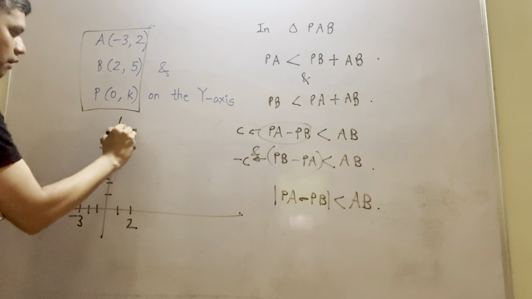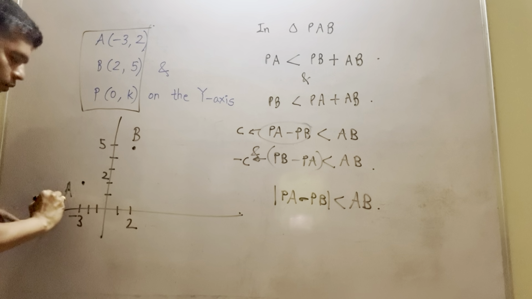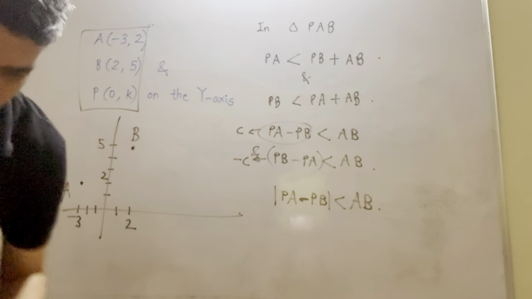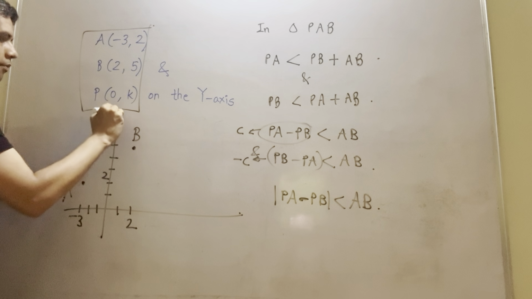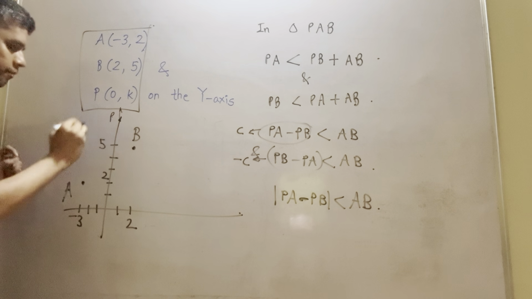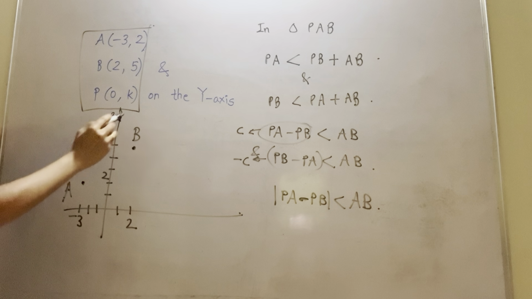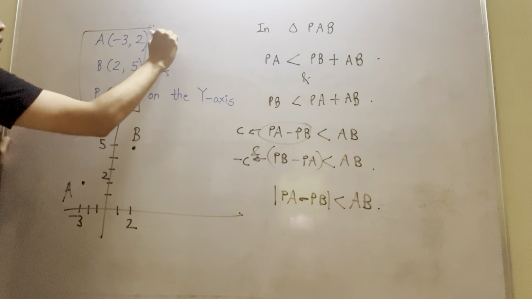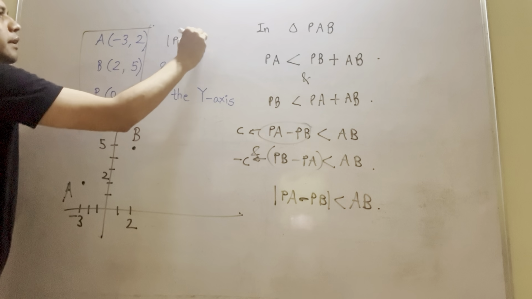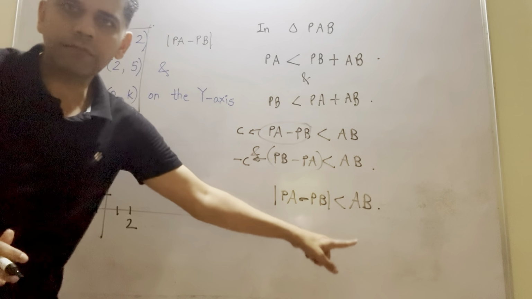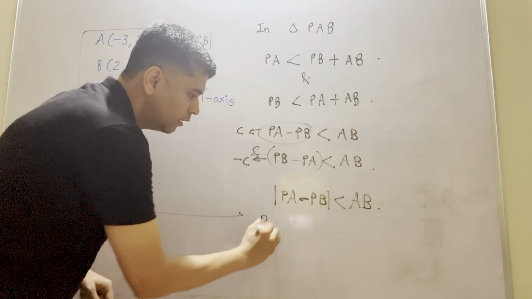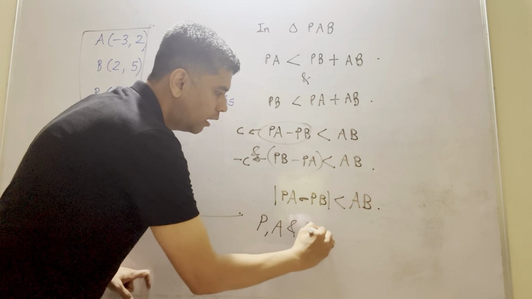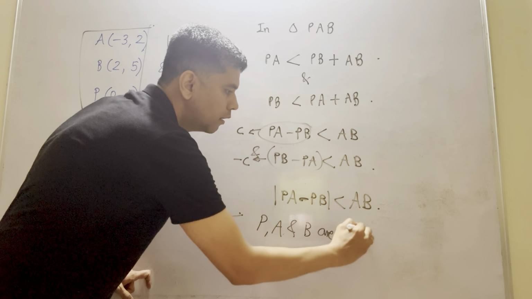So this is B, this is A. Point P is somewhere on the y-axis. So let me say point P is here. Such that mod of PA minus PB is the greatest. And just now from this we have concluded that this will be greatest if equality holds, that means P, A and B are collinear.